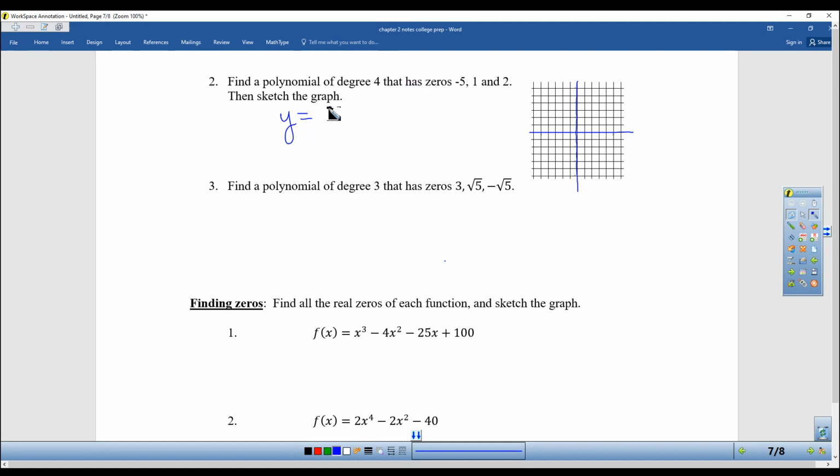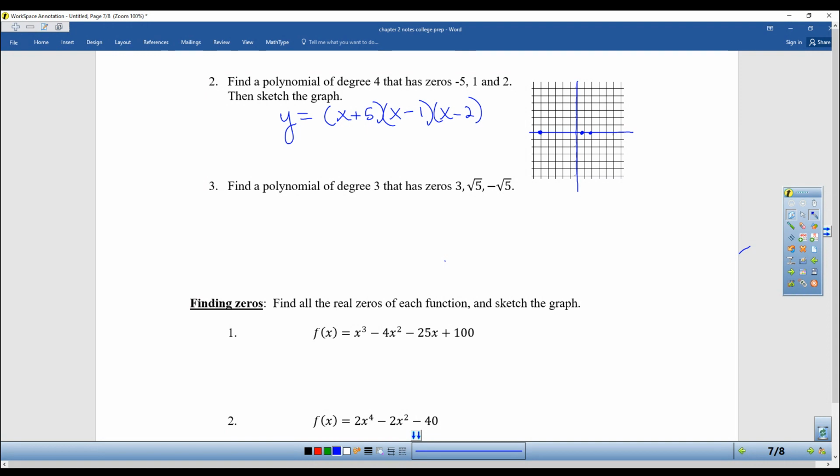So if those are the zeros, then this is the polynomial. Now, if I plot those, -5, 1, and 2, it says now sketch the graph.